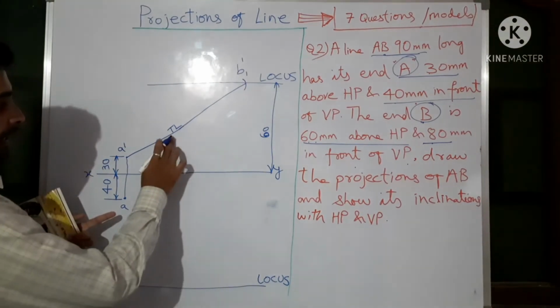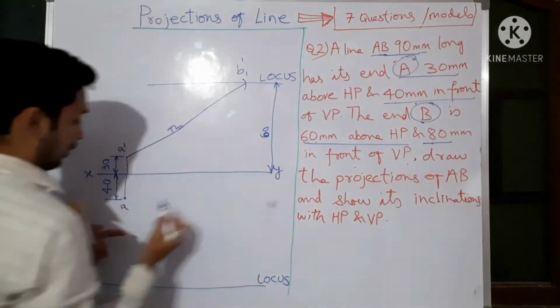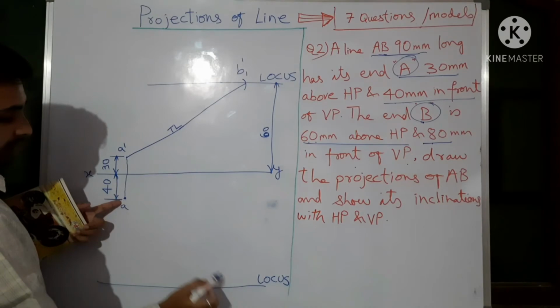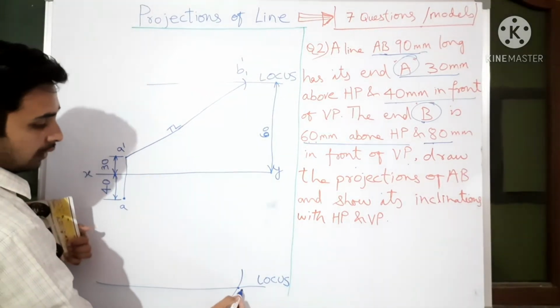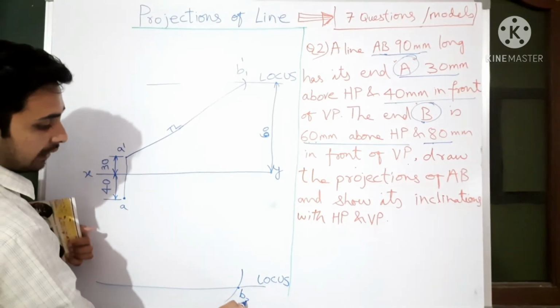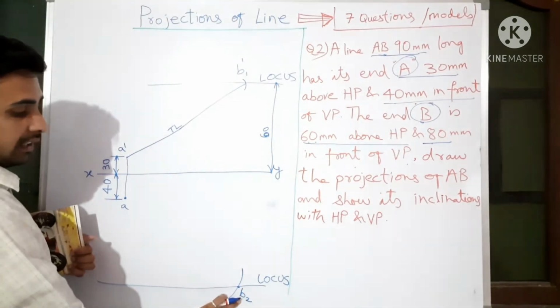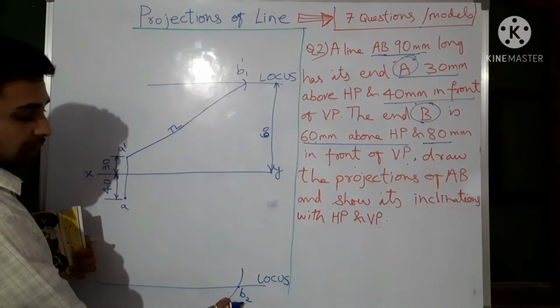How much is the length of the line? 90 mm. Take this as center, radius 90 mm, and draw an arc. Somewhere here you will get B2. In the previous video I mistakenly marked it as B1, it is actually B2.